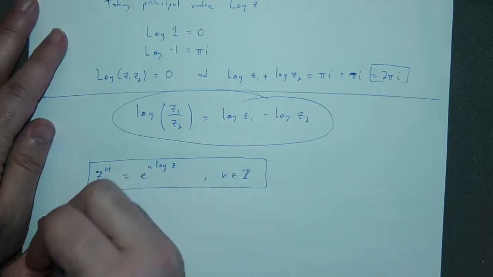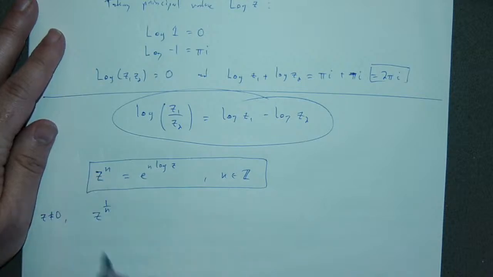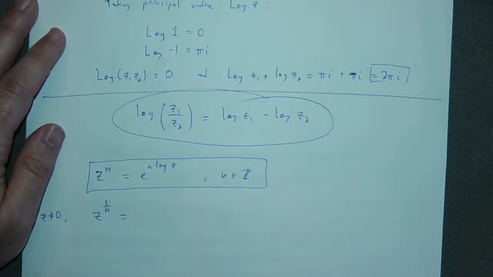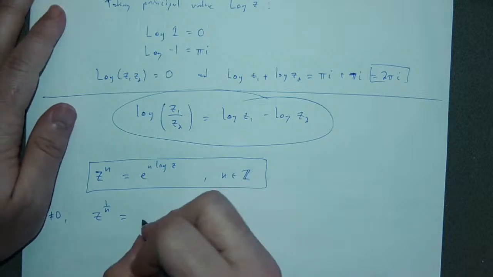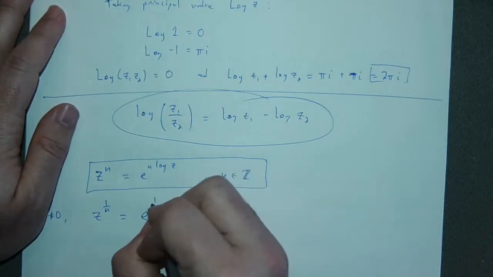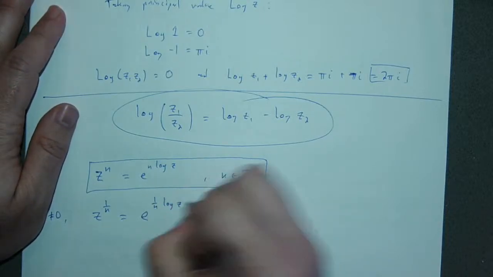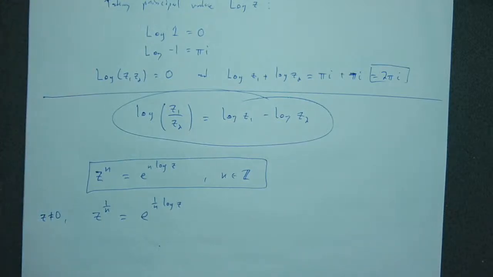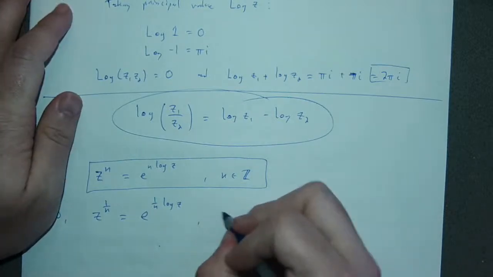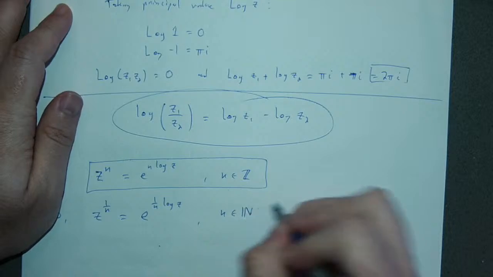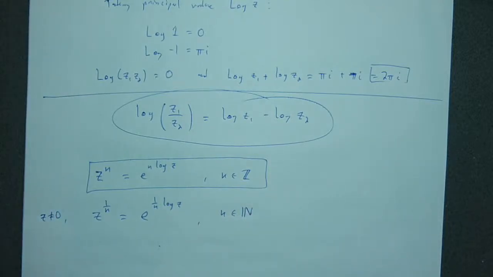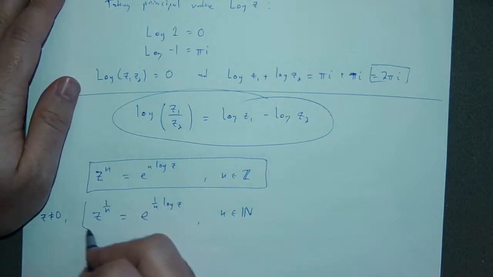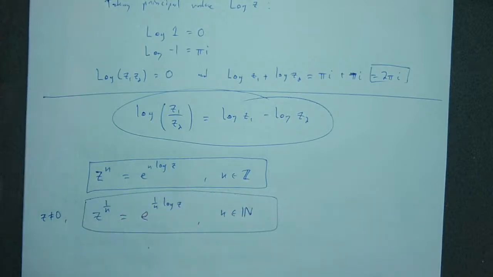Well, it turns out that so long as z is not 0, I can write this immediately as e to the 1 over n log z. Okay, so this is for n being in the natural numbers, right? So 1, 2, 3, 4, and so on.